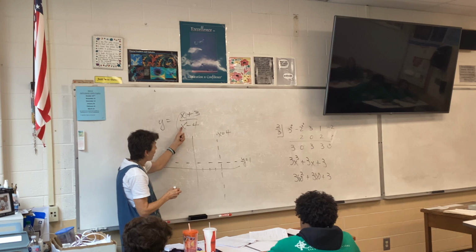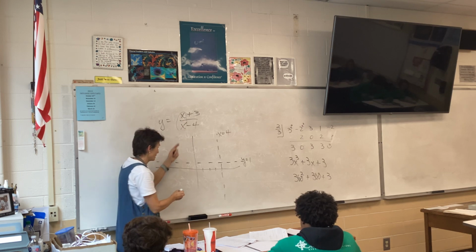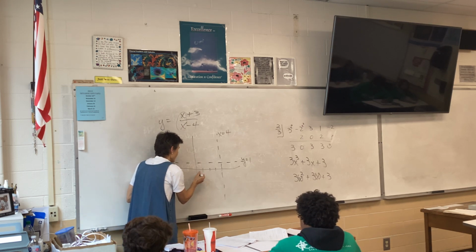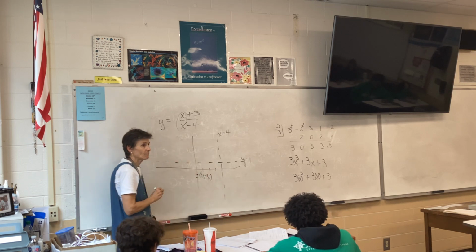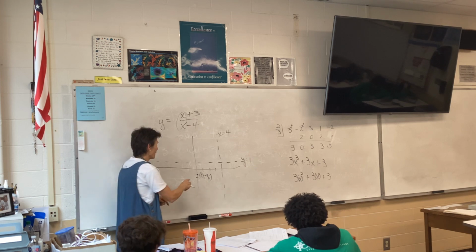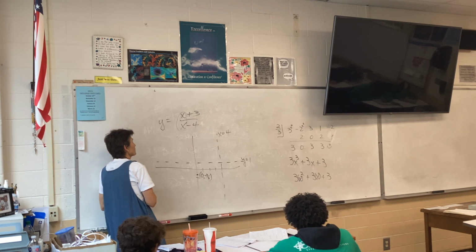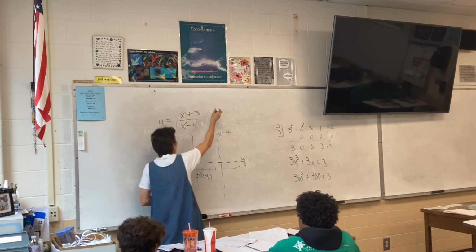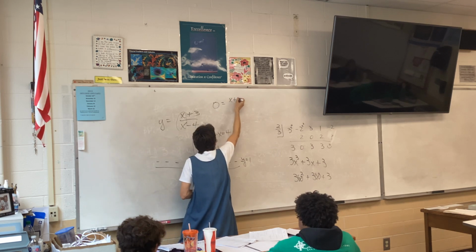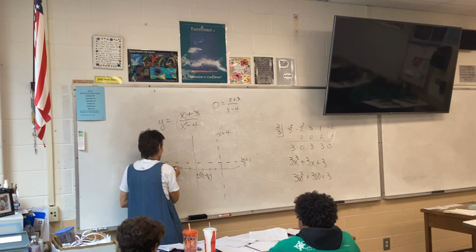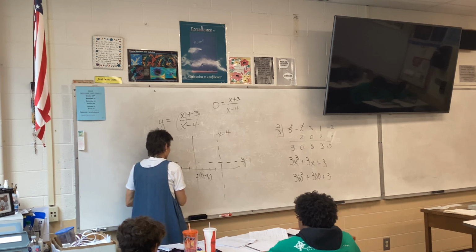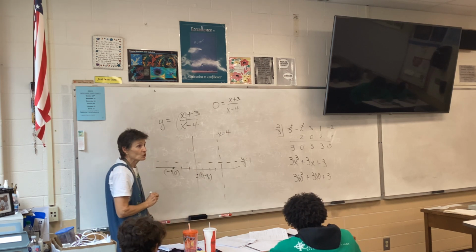If I let x be 0, my y-intercept is negative 3/4. Would you agree with that? Now, what if I let y be 0? X has to be negative 3. That's exactly right. That's the only way you're going to have that fraction equal to 0, is if x is negative 3.